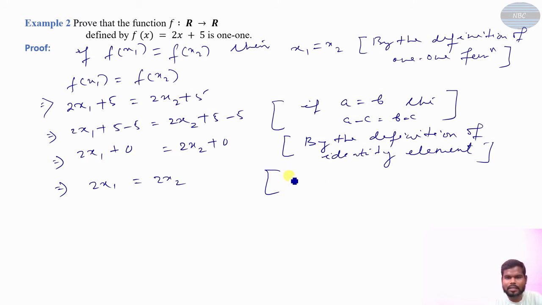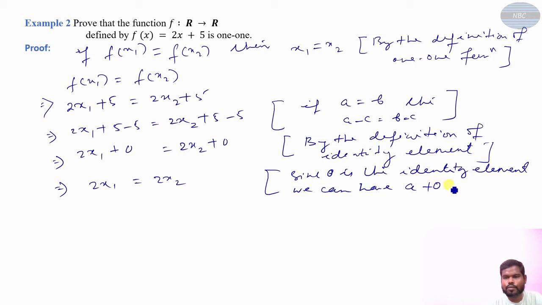Since 0 is the identity element, we can have a plus 0 is equal to 0 plus a is equal to a.